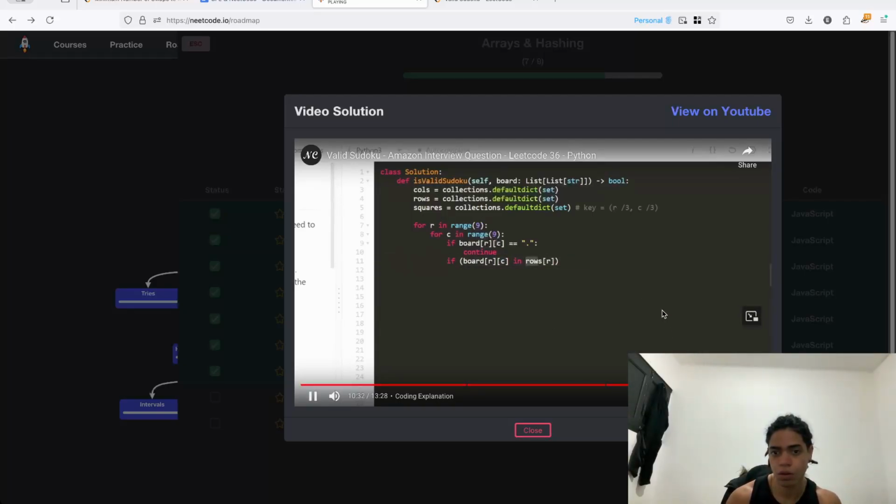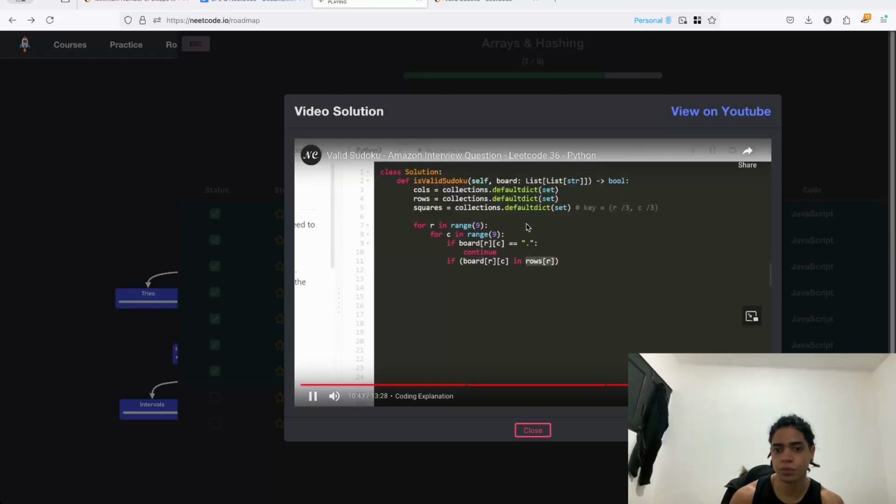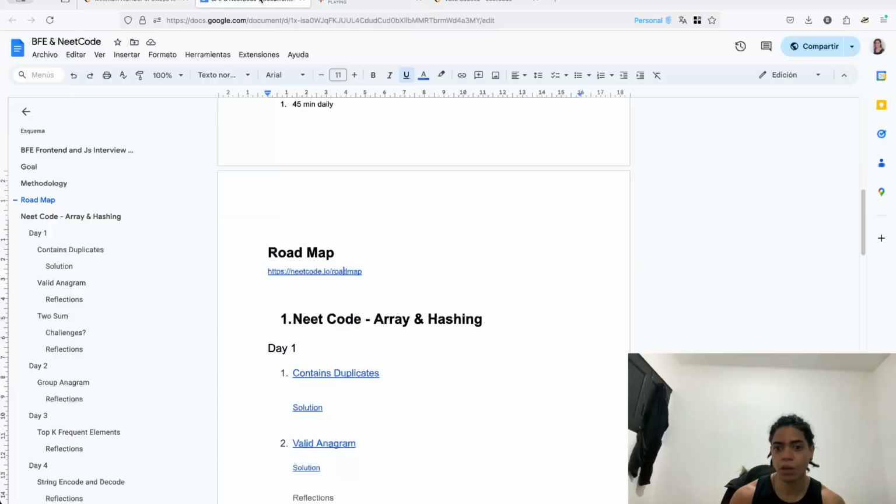Basically, this is our hash map. Rows is our hash map. The key we're putting in is the current row that we're in. So this basically represents a hash set, as you can see up above, a hash set of all values that occur in this particular row number.